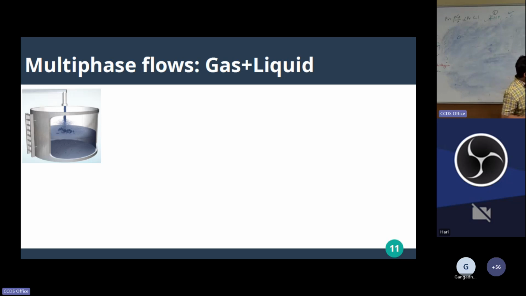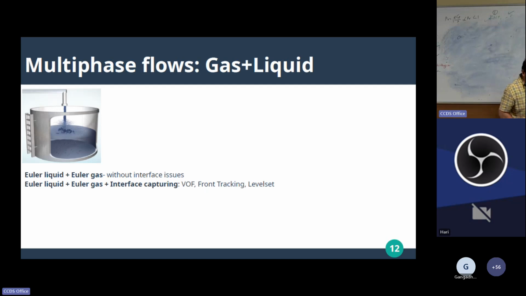And while it is entraining, you will have gaseous bubbles, shaken up and so on. If that happens, one of the best solvers is the model via Euler liquid, Euler gas without interfaces. Though the problem has certain interfaces, like milk or oil coming in and immediately interacting with the air, a complex state like bubbles, droplets, spray, mist is happening.